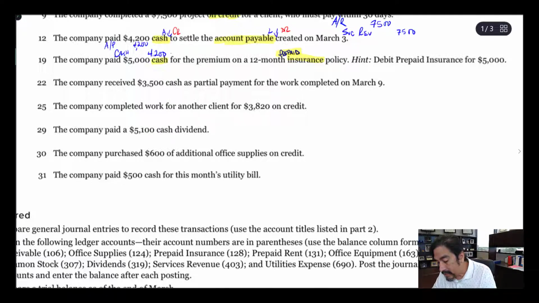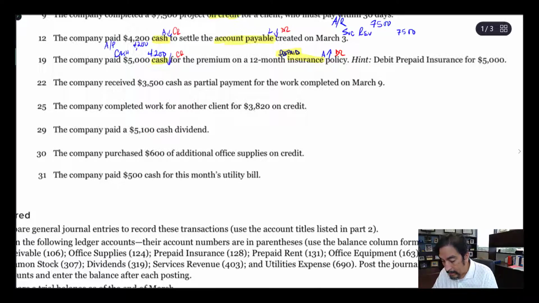We paid cash, so cash is decreasing. And we bought this prepaid insurance policy. So prepaid insurance is increasing. Prepaid insurance is an asset. We increase assets with a debit. And cash, when we decrease cash, we do that with a credit.